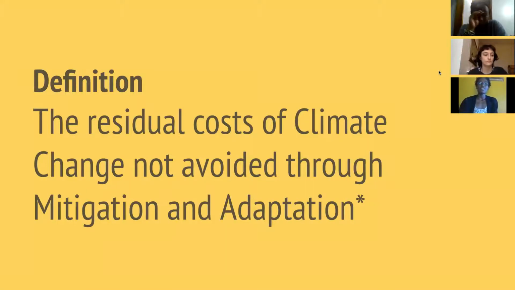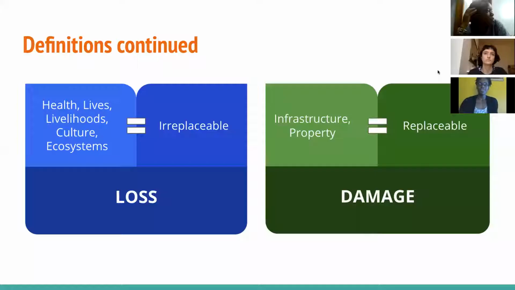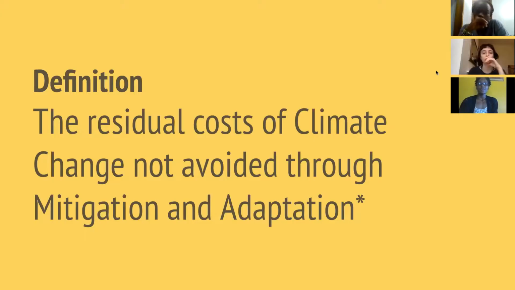And the second cost is adaptation, which are the costs where climate change cannot be avoided by mitigation, and therefore we have to have infrastructural adjustments to adapt to climate change. Loss and damage being that third cost when climate change cannot be averted through mitigation or adaptation.